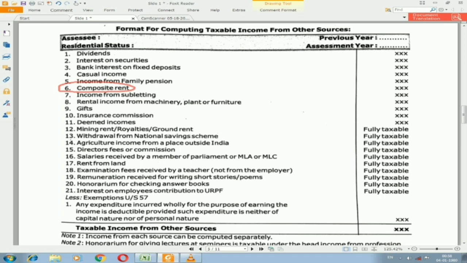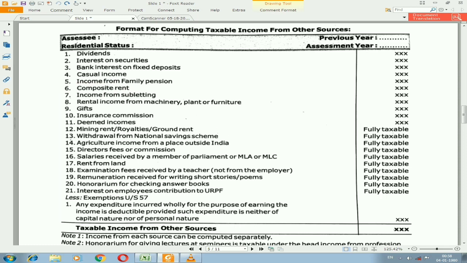If he is charging rent on those services and facilities, then that income will be calculated under other sources. In a simple way, composite rent is rent collected not on the building, but on the services or facilities provided by the owner. And if any expenditures are there, that expenditure will be deducted from that income.